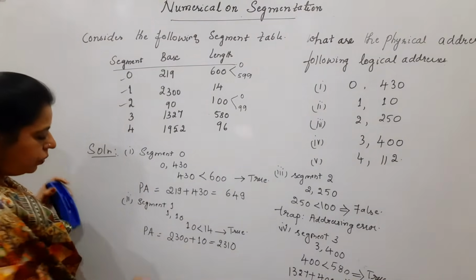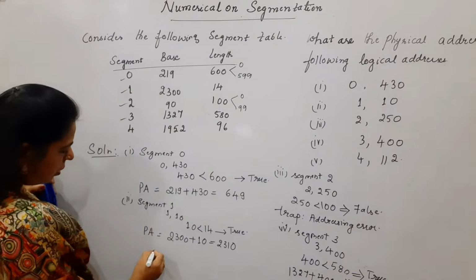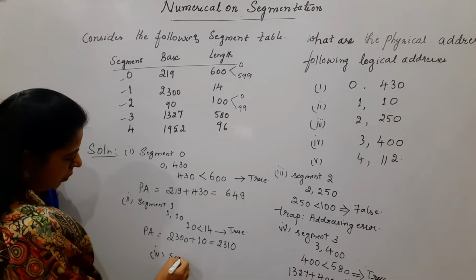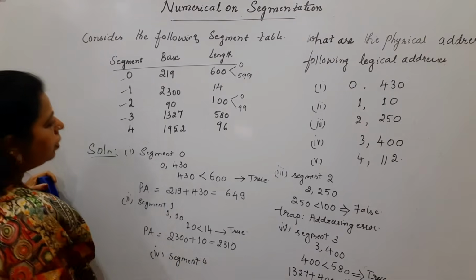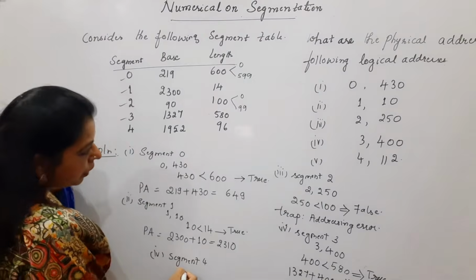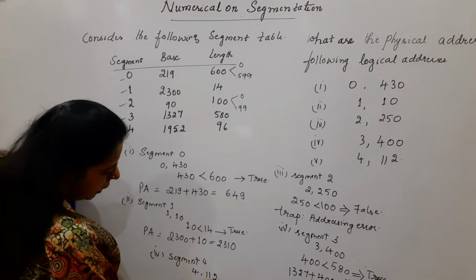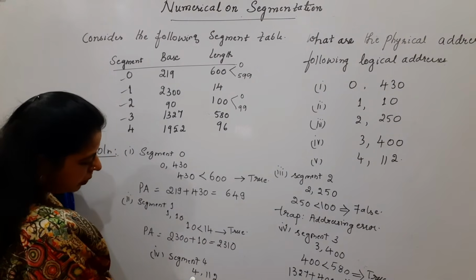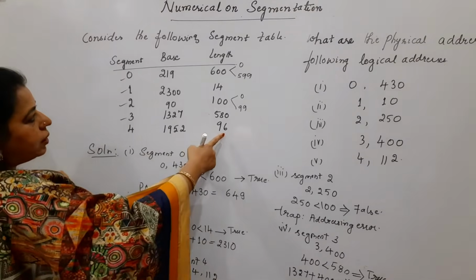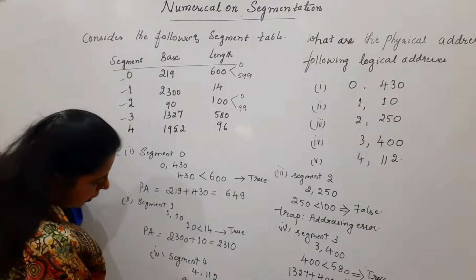1727 is the value. Now you have to do it for the last one, segment 4. What is given for segment 4? 4 comma 112. It means segment 4 and the displacement value is 112. What is the length of the segment here? 96.